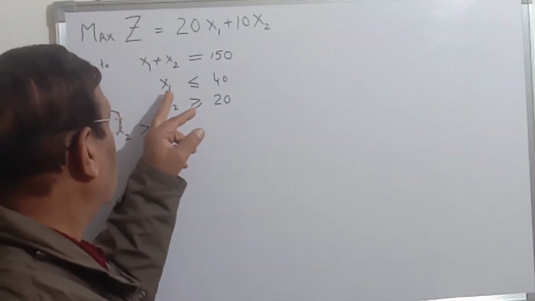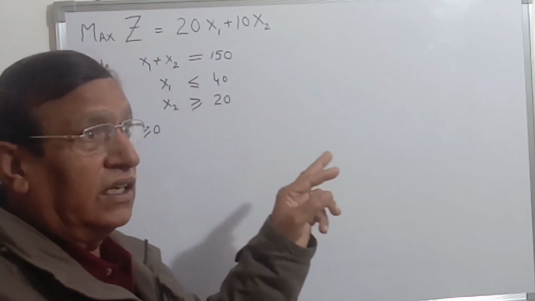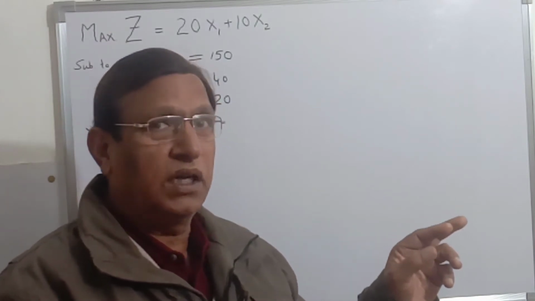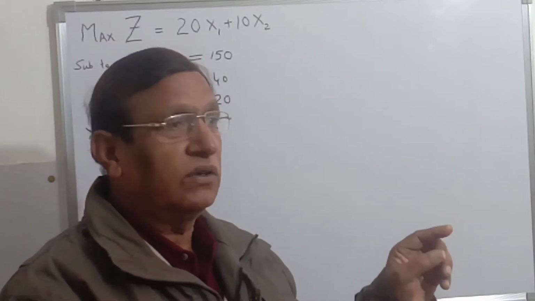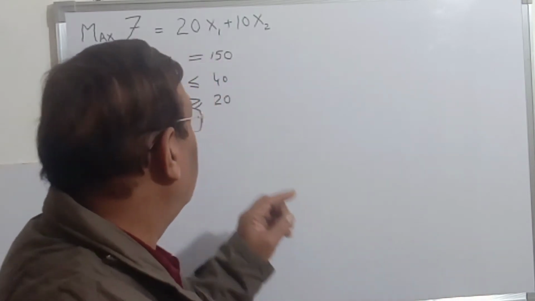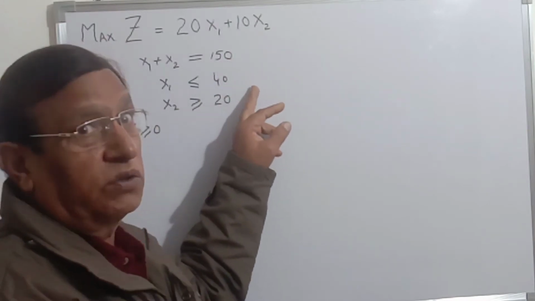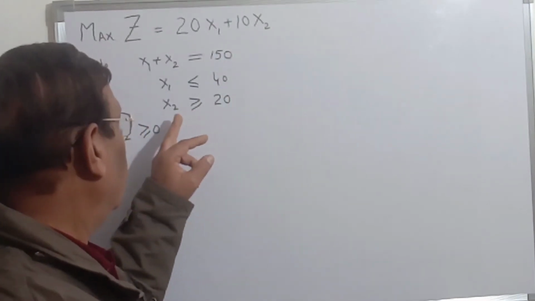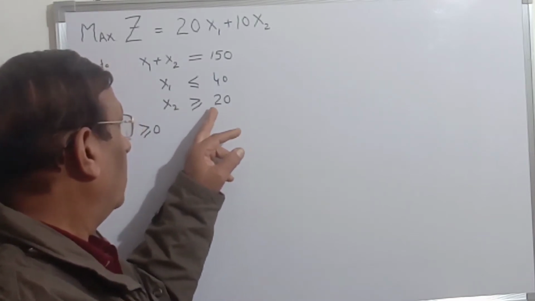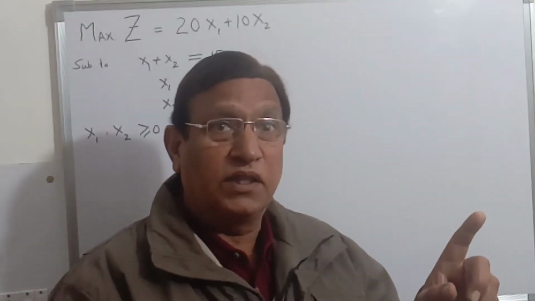Second equation is x1 is less than or equal to 40. When any equation is of less than or equal to type, then we introduce only a slack variable, with 0 coefficient in the objective function and 1 coefficient in that equation. And in the third equation, x2 is greater than or equal to type, so we use a surplus variable and an artificial variable.